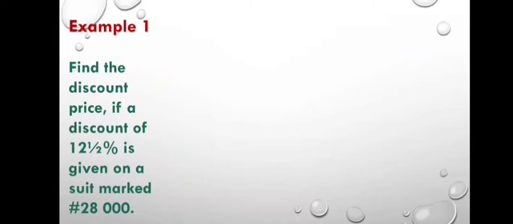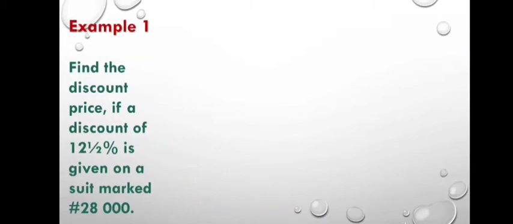Now the discount price is a price after the discount has been removed, what the buyer pays when there is a slash in the price of an item. Okay, so first, we're going to find the discount.